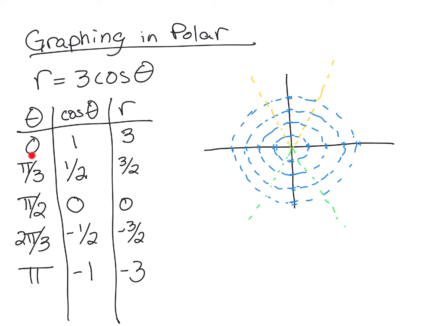So when I'm at 0, my radius is 3. So on the 0 line, I'm going to go out 1, 2, 3 units. When I rotate from 0 to pi over 3, all of my points have to be within this wedge, but I'm going to go down to 1.5. So on that pi over 3 radial line, I'm at 3/2, which is right there.